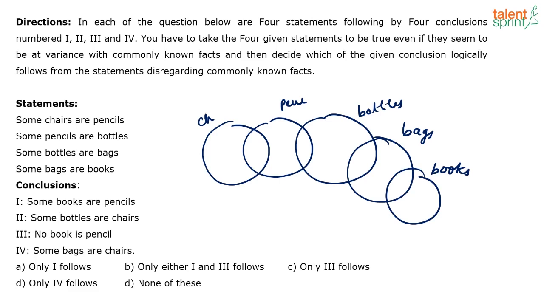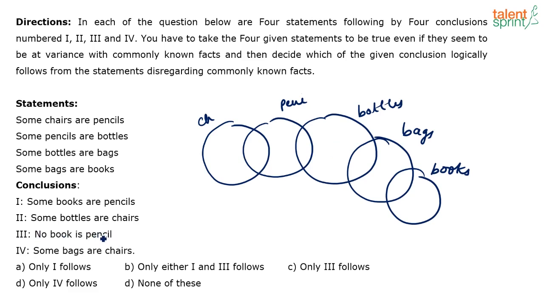Now, what is the first conclusion? Some books are pencils. It can be or cannot be true. It's not a definite conclusion per se. Okay. Now, next conclusion. Some bottles are chairs. Again, not a definite conclusion.